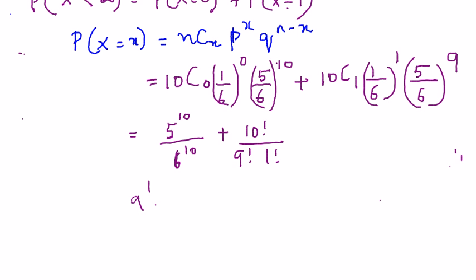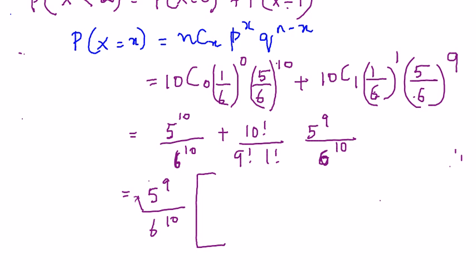Into 5 power 9 divided by, I'm just going to add these two powers, because 6 power 1 and 6 power 9, when you add it, you get 6 power 10, right? So from these two terms, what can I take common outside? I can take 5 power 9 and 6 power 10 common outside, right?